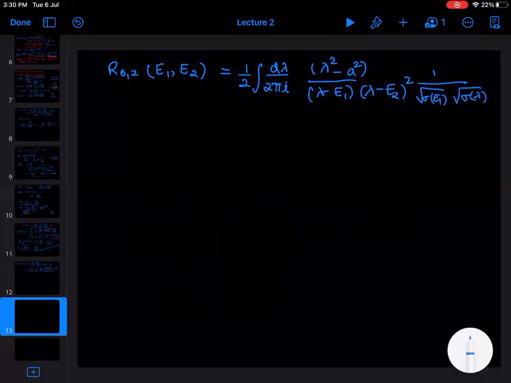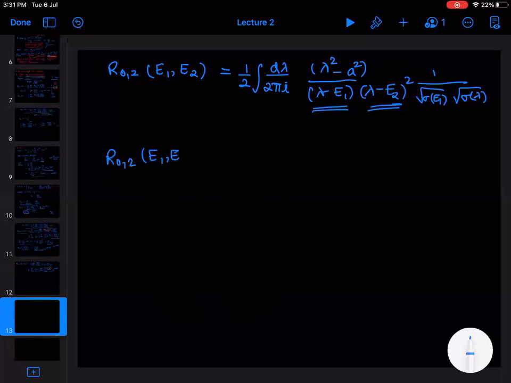Now, what you're left to do is just some residue calculation, because you have a first order pole at E1 and a second order pole at E2. So you have to do a residue calculation, and ultimately you get the expression for R 0,2.